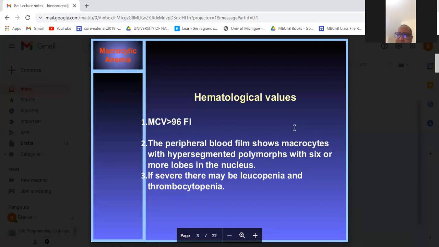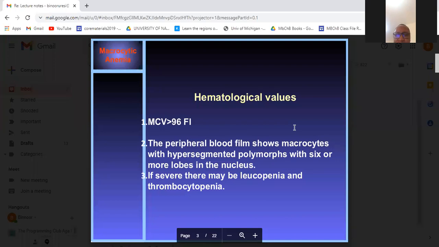So what are the laboratory values we find in macrocytic anemias? MCV of more than 96 femtoliters, we've said that already. The peripheral film will show macrocytes.